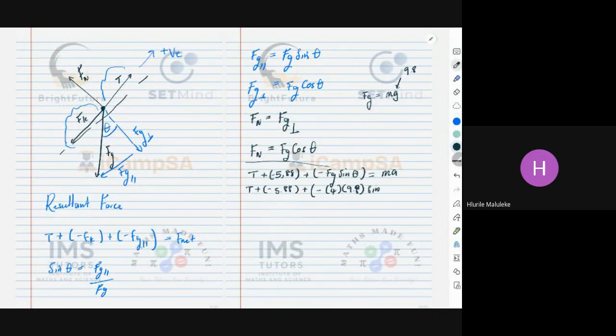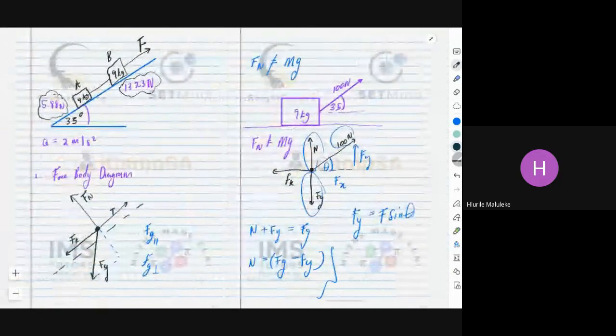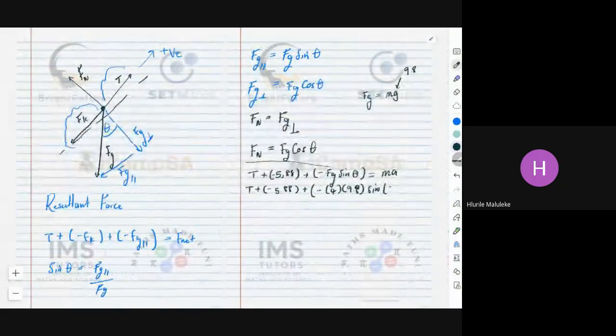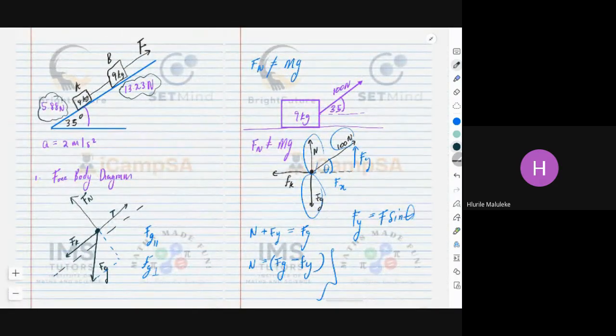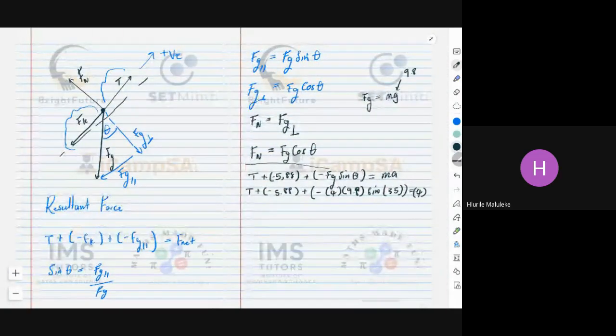Then sine, the angle was 35, sine 35, right? Then equals to m, still 4. The acceleration is 2. So let's write it here: it's going to be 4 times 2. All right, so we can get the tension here.